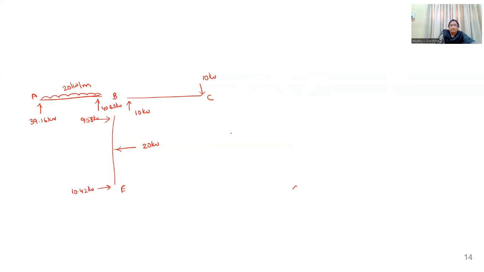So for this, the shear force diagram will be, okay. So for this, it is 39.16.